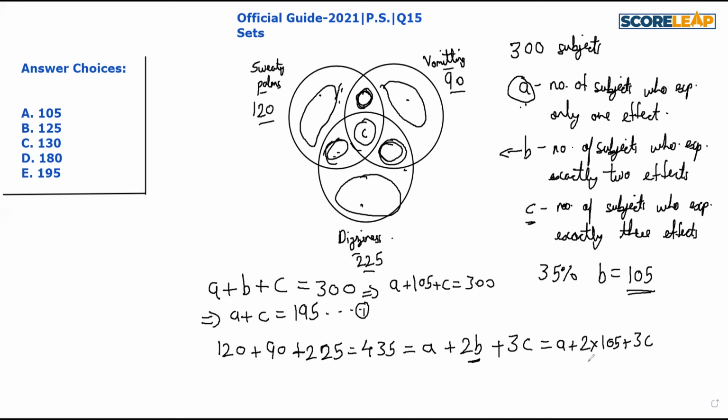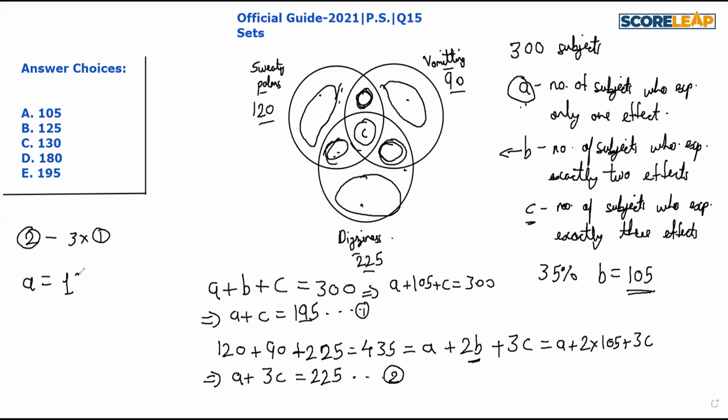So from this we get another equation: A plus 2B plus 3C, which equals 435, that is, A plus 3C equals 225. Now we have two equations and two unknowns. We can multiply the first one by 3 and subtract it from the second one. So equation 2 minus 3 times equation 1 will give us the value of A as 180.